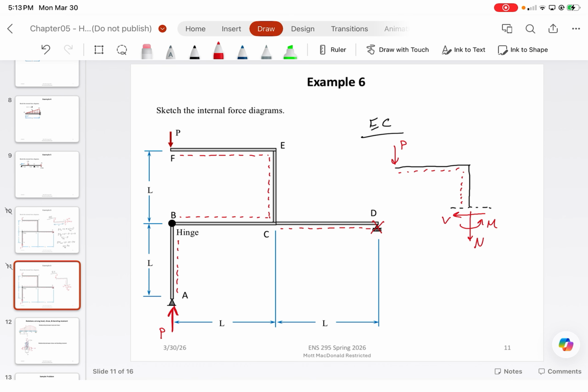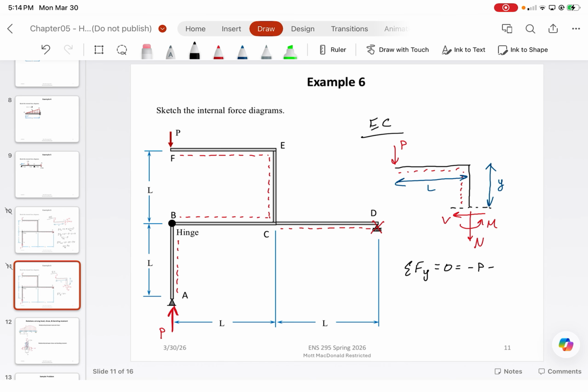Right, and then from here, like you said, from sum of the forces in y equals 0, we have negative P minus N, which means that the axial force in member EC is negative P, which tells us that member EC is undergoing some type of compression. From forces in the x direction equals 0, we just have negative V, which means that the shear force in member EC is actually 0.